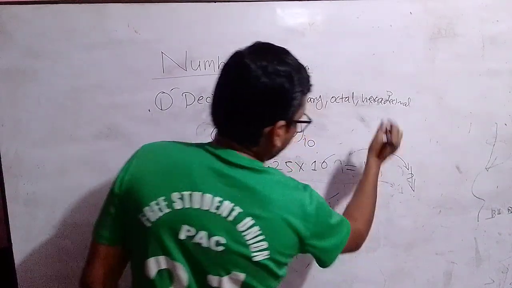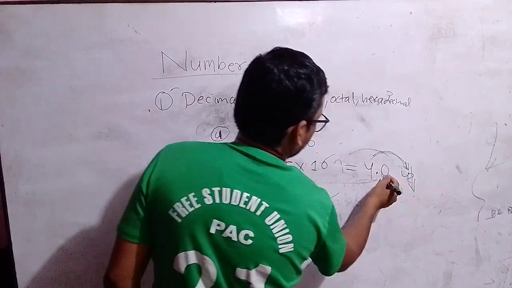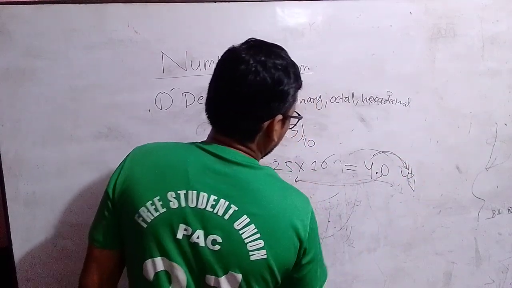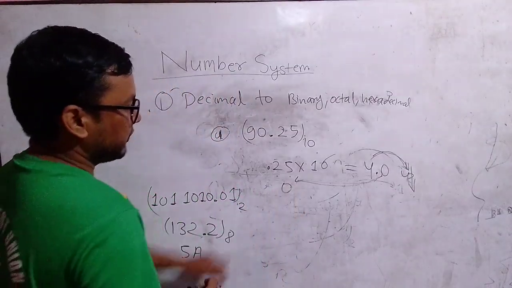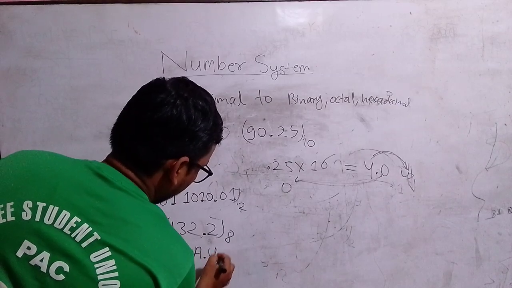We obtain 4.0. We need to write the integer part here, 4. The fractional part is 0, so we don't need to go further. We just need to write 0.4.